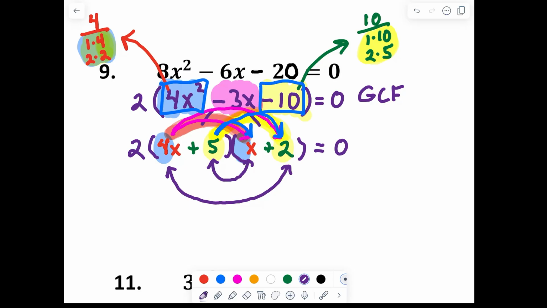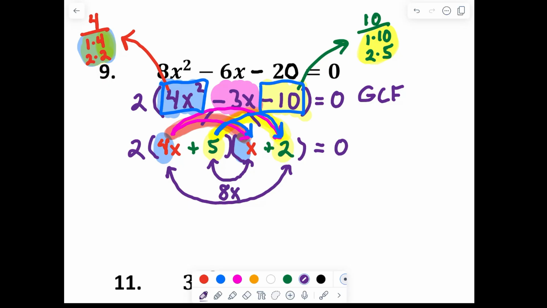And so I'm only concerned about this middle term. I can shift my focus to just this middle term. How do we get that middle term? Well, when we FOIL, when we multiply the 4x times the 2, right?